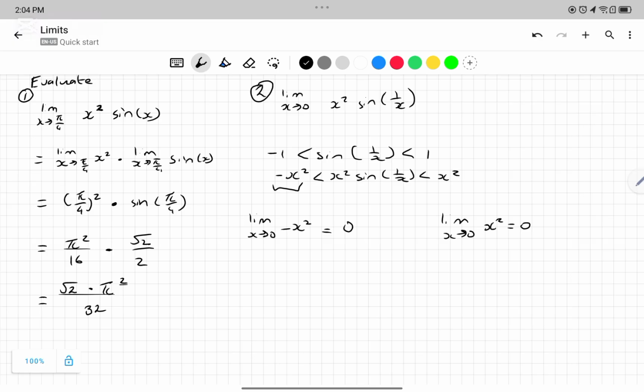That will give us 0. So therefore, limit as x approaches 0, x squared sine 1 over x is equal to 0. And you could say squeeze theorem.